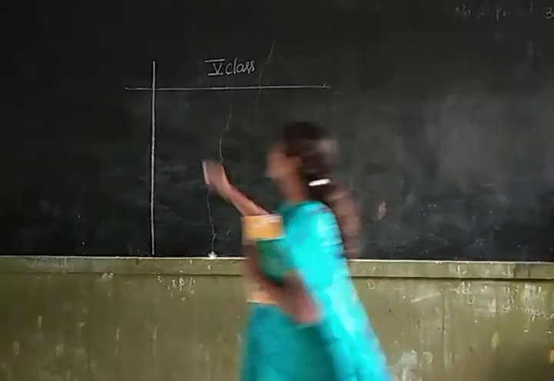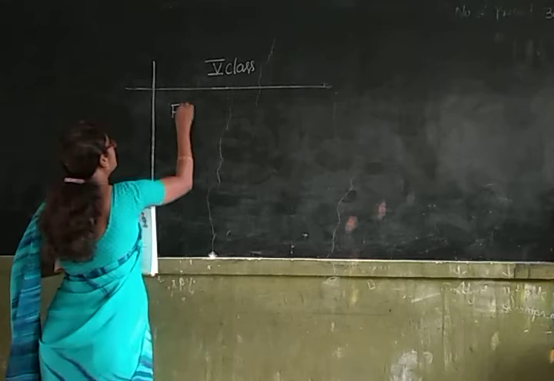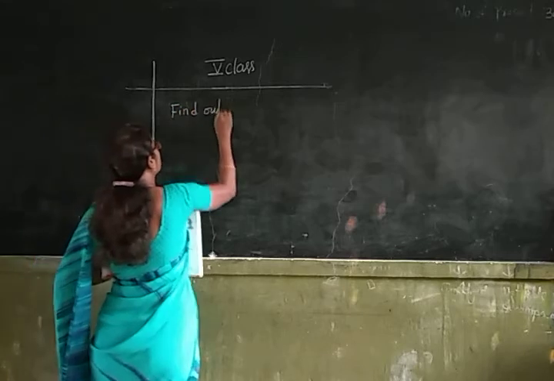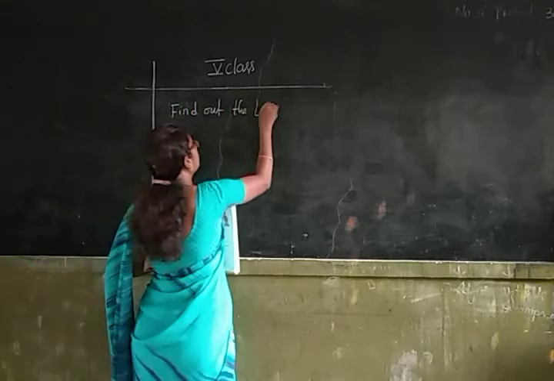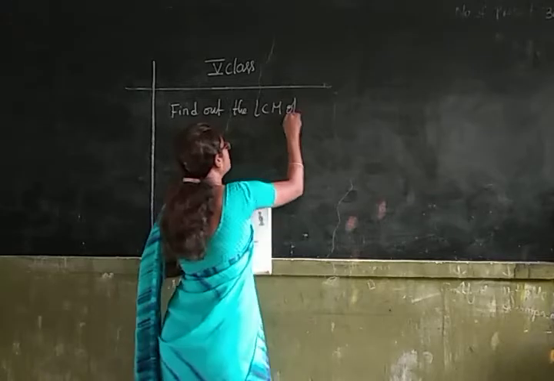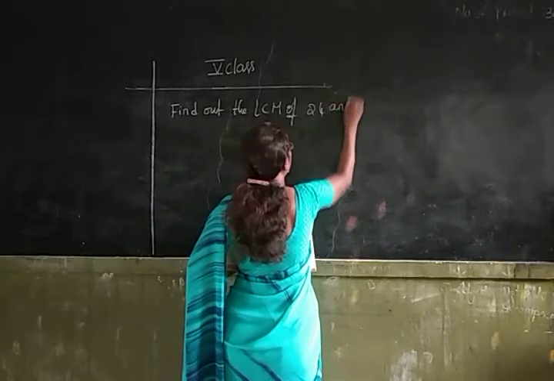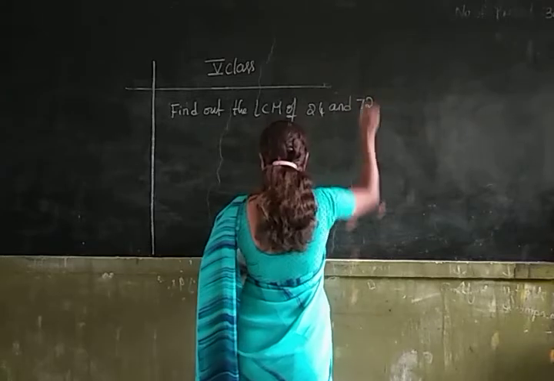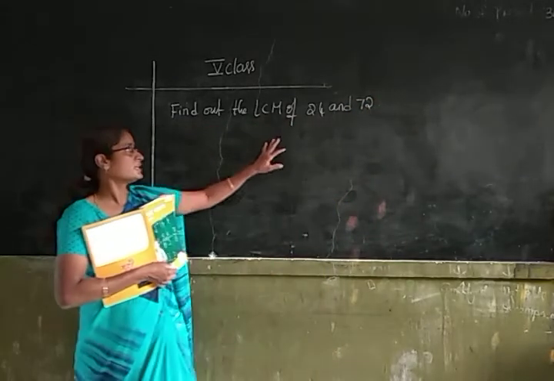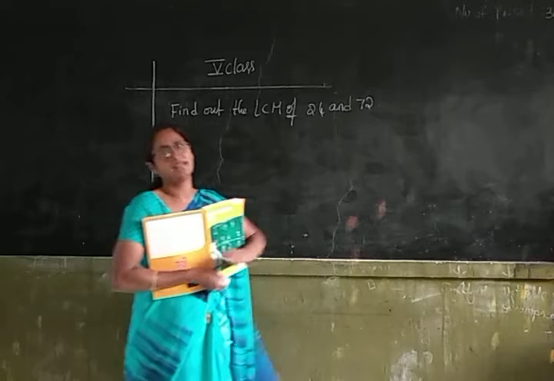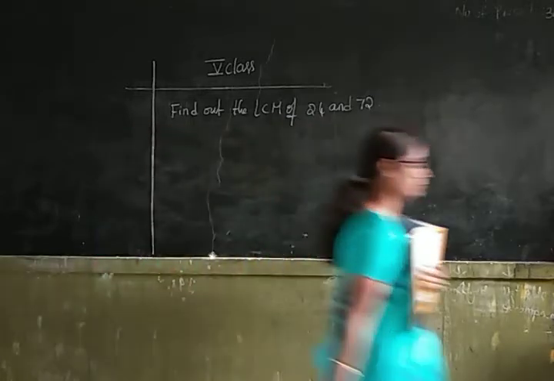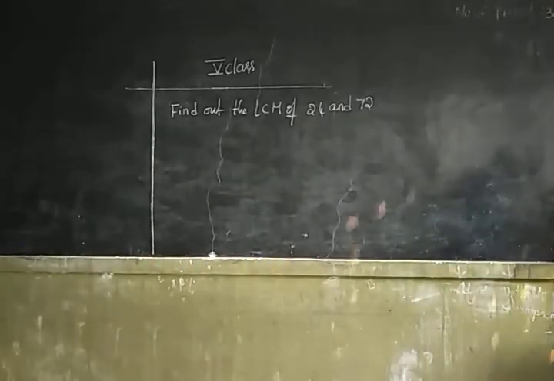Now let us find the LCM of 24 and 72 by prime factorization method.